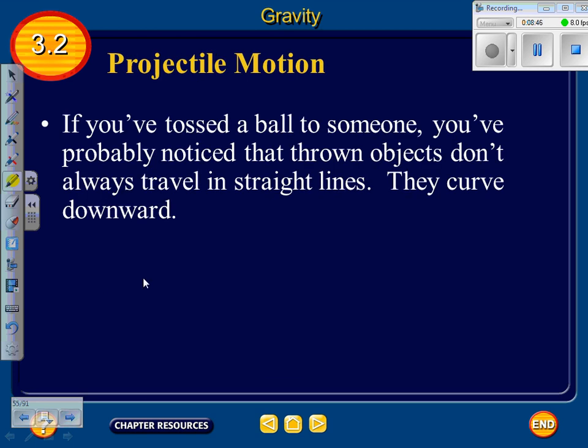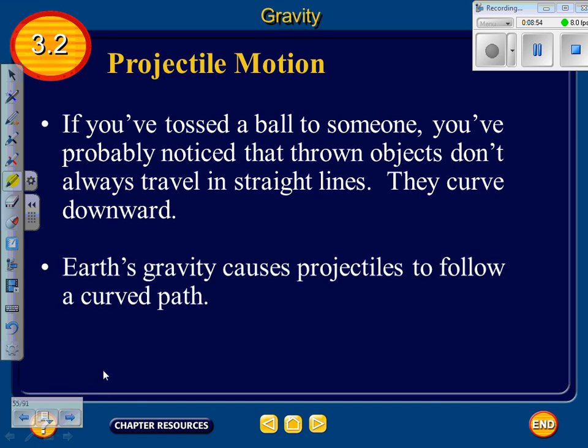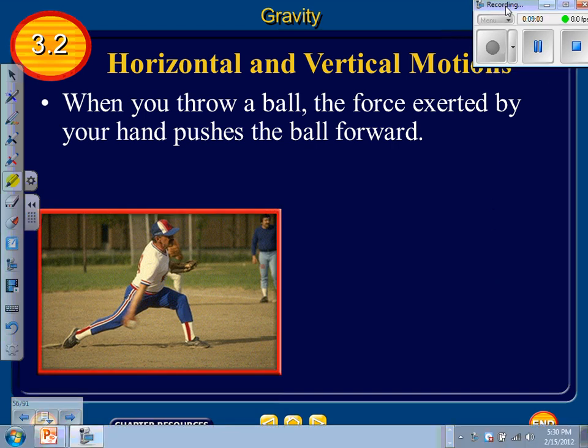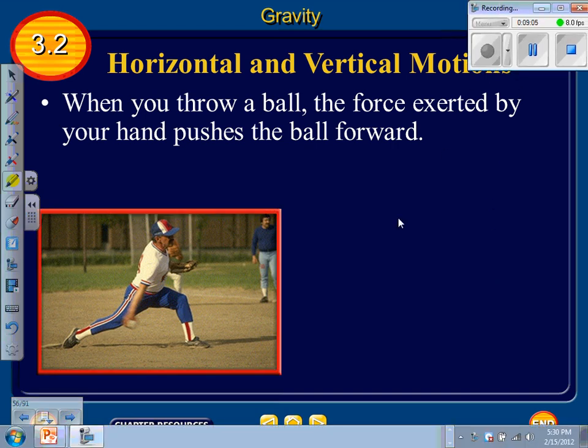Projectile motion. If you've tossed a ball to someone, you've probably noticed that thrown objects don't always travel in straight lines. They curve downward. Earth's gravity causes projectiles to follow a curved path. Horizontal and vertical motion. When you throw a ball, the force exerted by your hand pushes the ball forward.